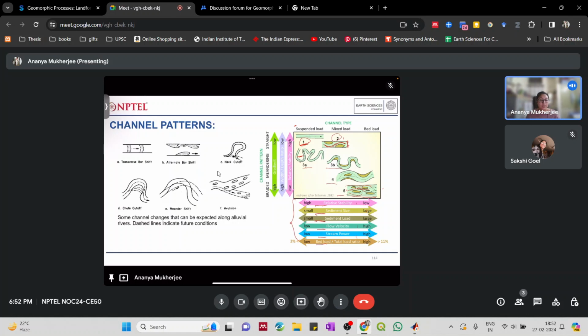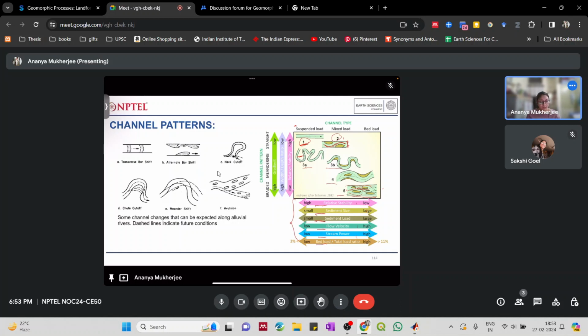There is mostly suspended load, so the way that it is going to flow is going to be straight, since it is not depositing and it is not being resisted much.